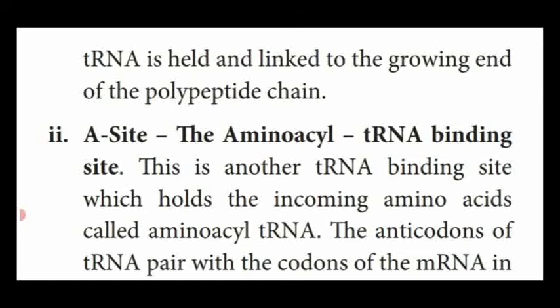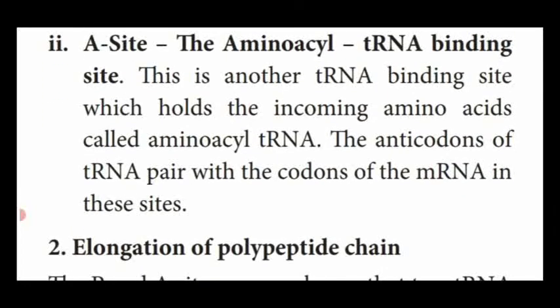See the definition. This is another tRNA binding site which holds the incoming amino acid, called aminoacyl tRNA. The anticodons of the tRNA pair with the nucleotide sequences of mRNA at this site only. So at this A site, the anticodons of tRNA pair complementarily with the mRNA sequences.